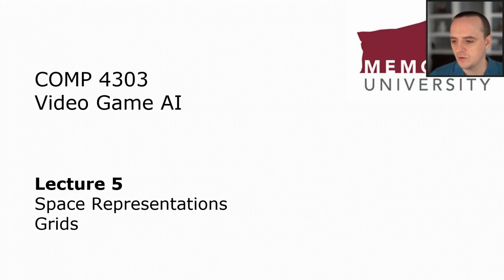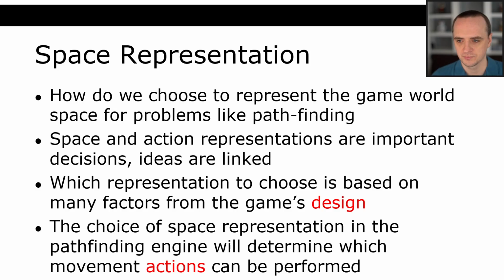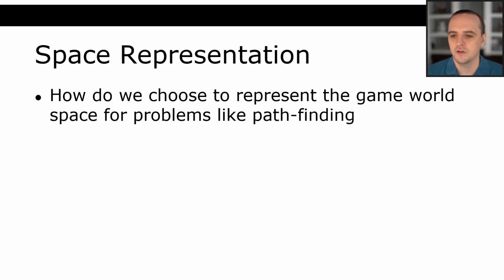So today we are talking about space representations and specifically the grid representation for spaces in our games. So, how do we choose to represent the game world space for problems like pathfinding, for example?